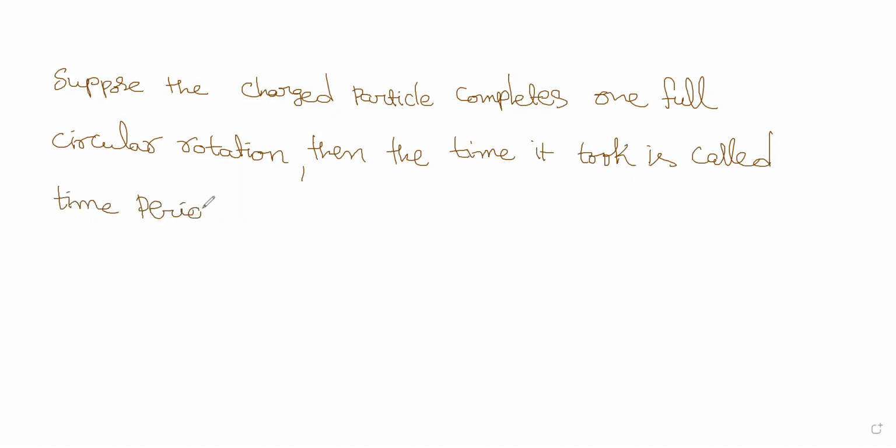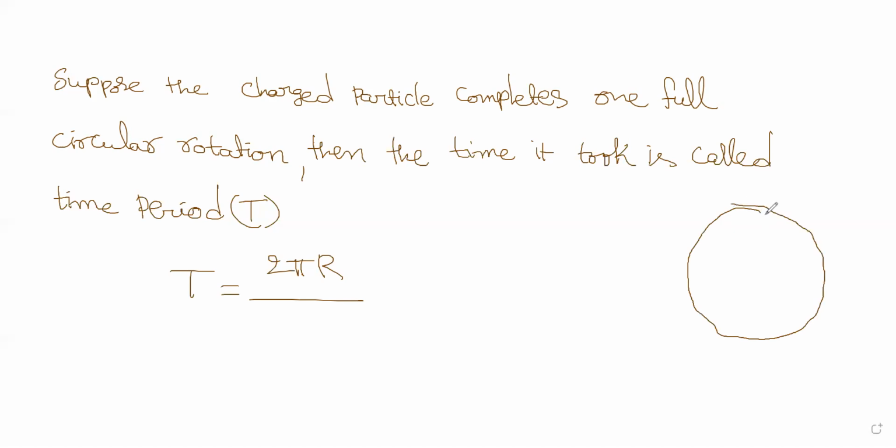Time period T. How to calculate it? T is equal to the circumference, 2 pi r, divided by the velocity of the charged particle, since the particle describes circular motion with radius r. How do we get velocity? R is equal to mv by bq, which I just derived.